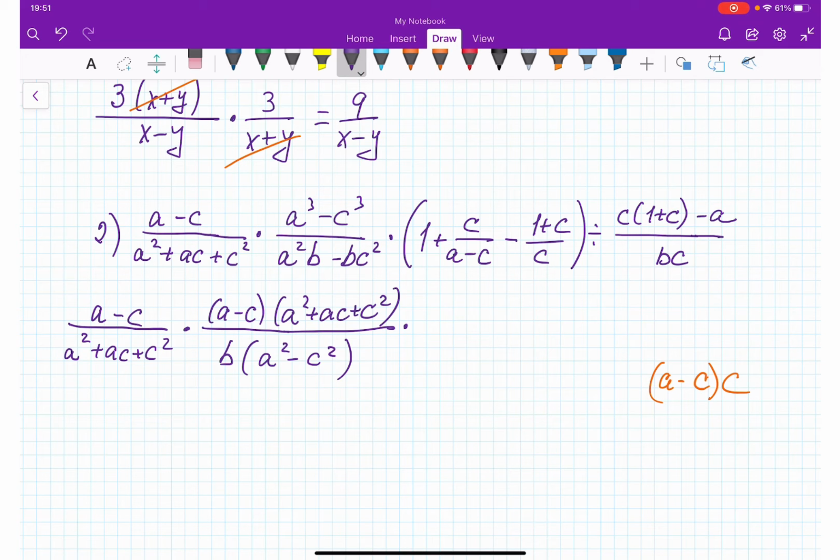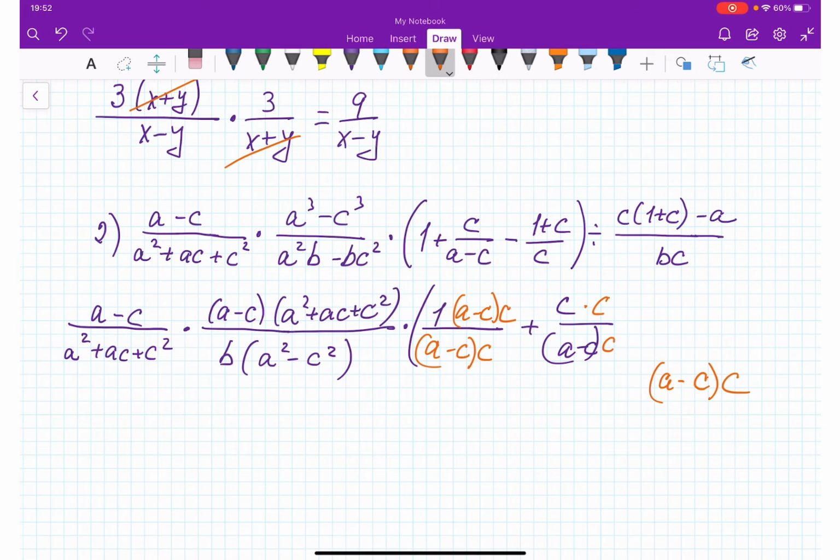Okay, so for 1, we are going to have (a − c) times c, here also (a − c) times c, right? Next, plus, we have a − c, we are missing only c, right? Multiply by c. And here also multiply by c.